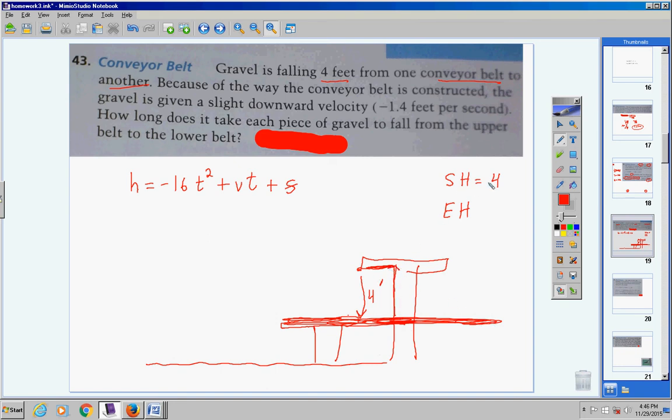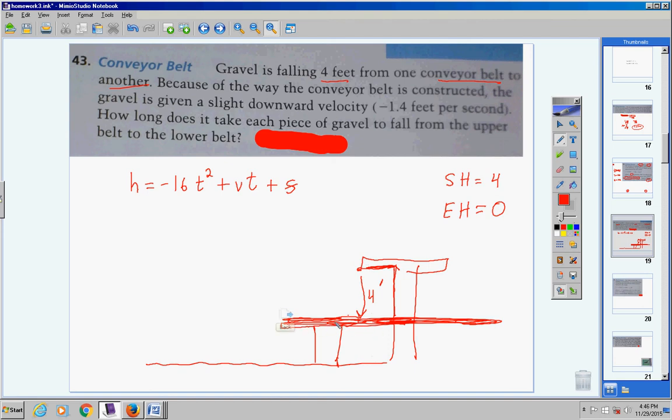So when it says your starting height is 4 feet, then your ending height will be 0, because we have no idea how high this is off the ground, and we don't care, because it never said the rocks are 12 feet off the ground or something. It says it's 4 feet above the conveyor belt.